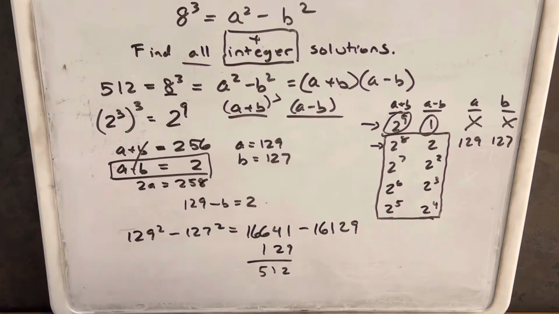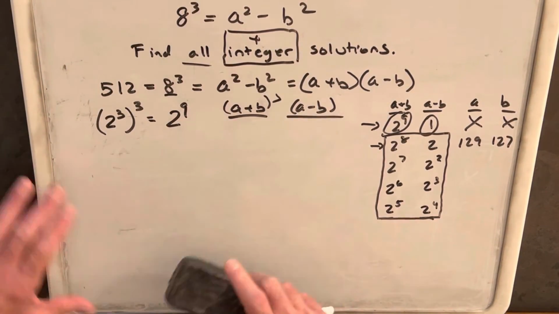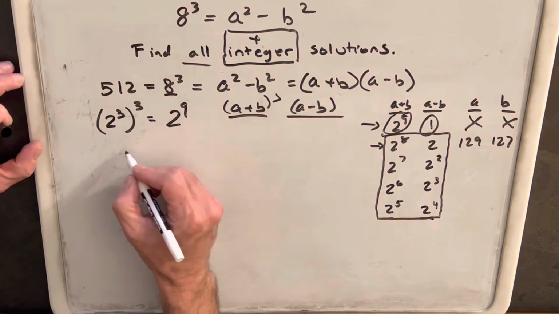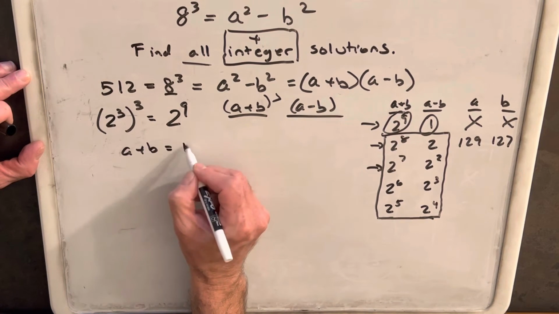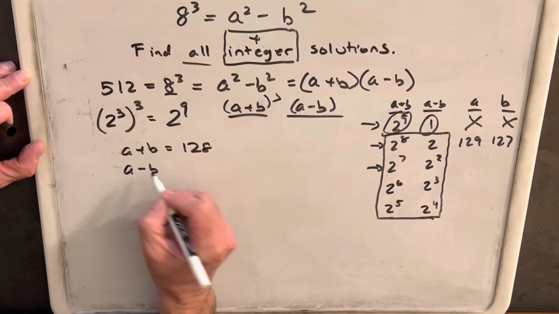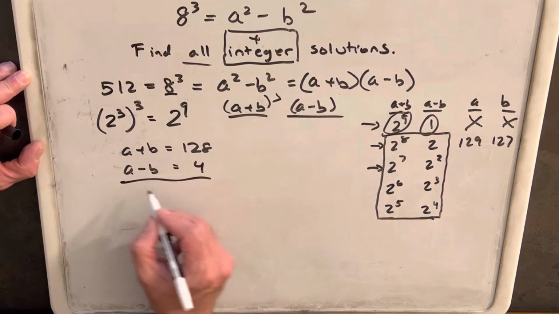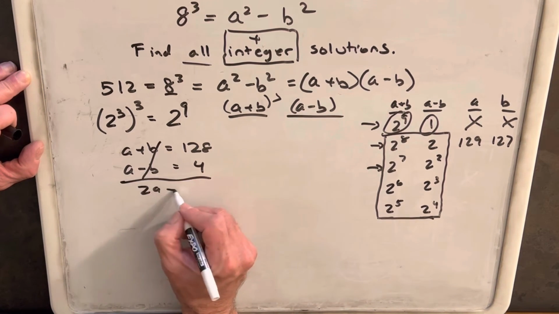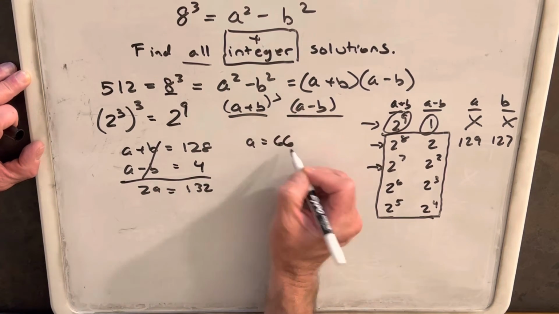So let's move on to the next case. When a plus b equals 2 to the 7th, which is 128, and a minus b equals 2 squared, which is 4, just adding these together, we're going to have 2a equals 132, but that means a equals 66.